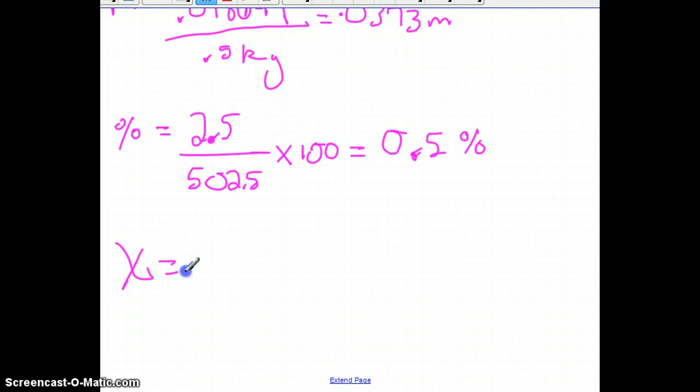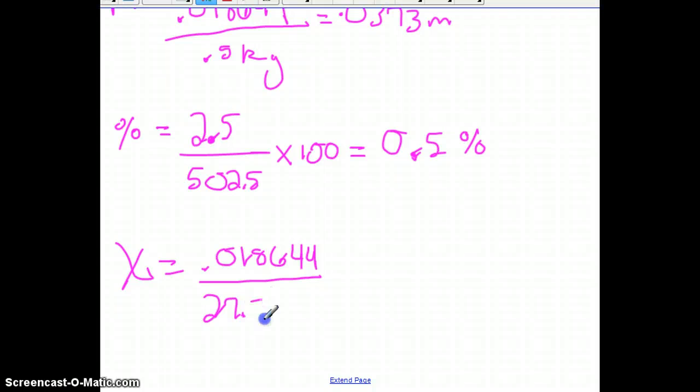Here's our little insignia for mole fraction. And our mole fraction is 6.7 times 10 to the negative fourth.